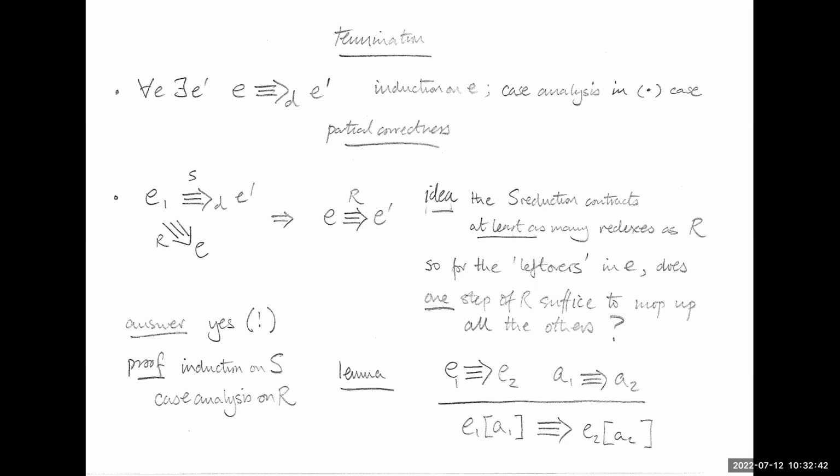And so that will give rise to a possible case analysis on all the R reducts for each choice of E1.